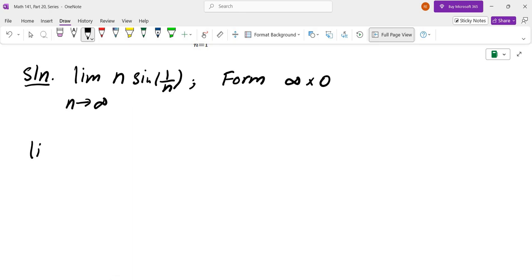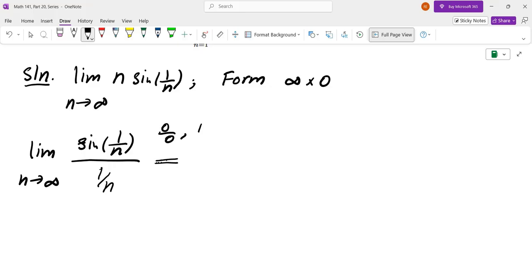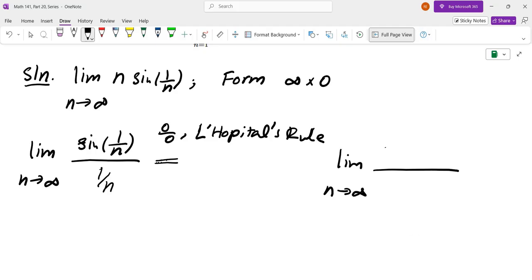Let's try that and see what we get. So that's the limit as n approaches infinity of sine of 1 over n divided by 1 over n. Now this is 0 over 0, so we can apply L'Hopital's rule, and what we're going to get is the limit as n approaches infinity. Sine becomes cosine when you differentiate. The derivative of 1 over n is negative n to the power of negative 2, and we have the exact same thing at the bottom.